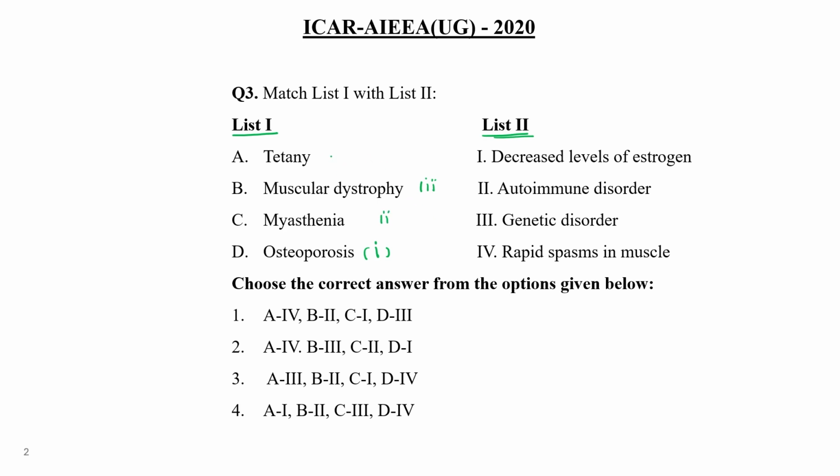Tetany, when extremely low calcium level is the main cause of this tetany, and this will create a muscular spasm in the body. Okay, so A with 4, B with 3, C with 2 and D with 1. So this sequence comes under the second option. Clear? So this is the right answer of this question.